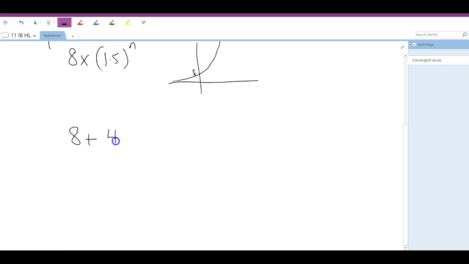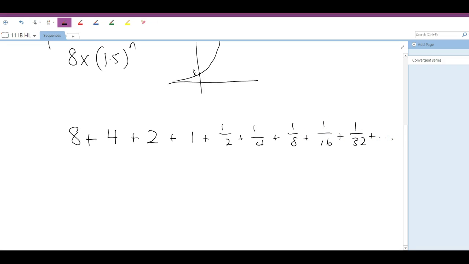We're still looking at a geometric series, a sequence where we're finding the sum of the terms. But now our common ratio here is 1/2, and the terms are getting smaller and smaller.